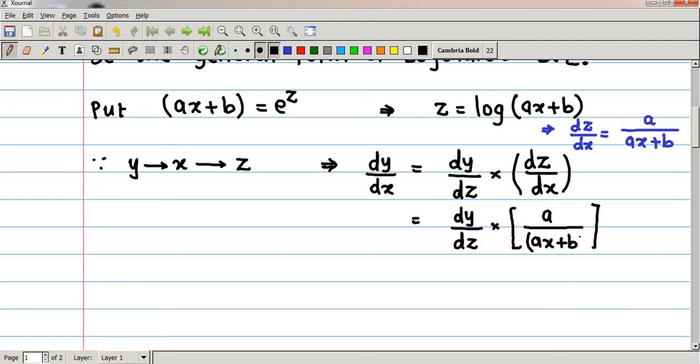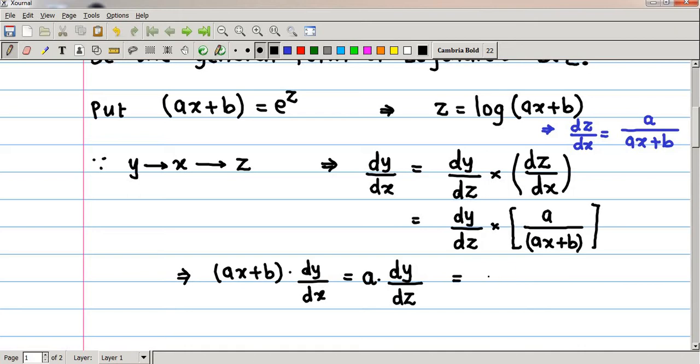If we take this denominator term to the left hand side, we get ax plus b into dy by dx can be replaced by simply dy by dz into a.